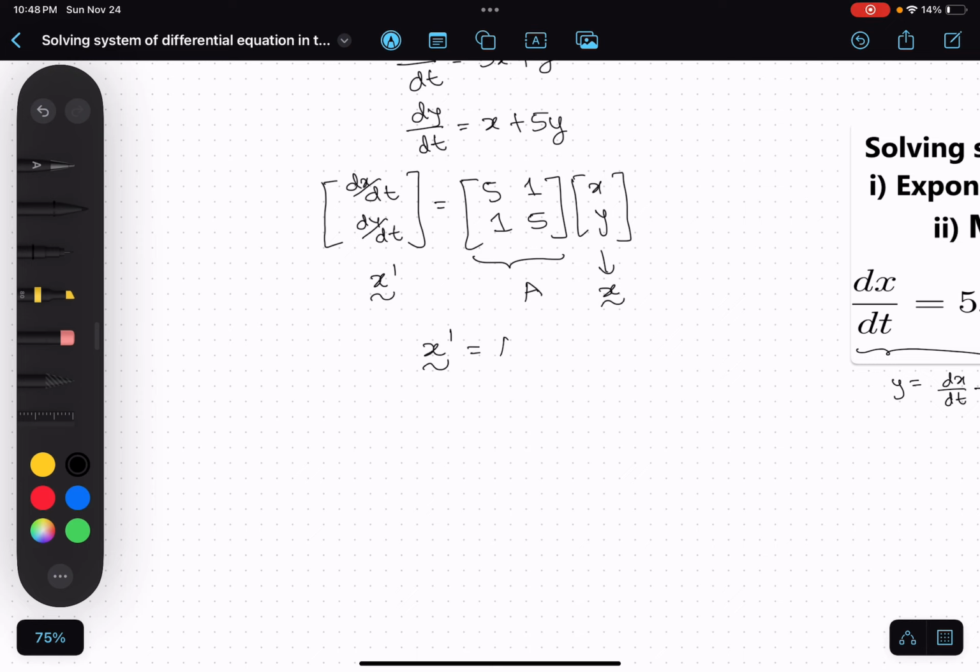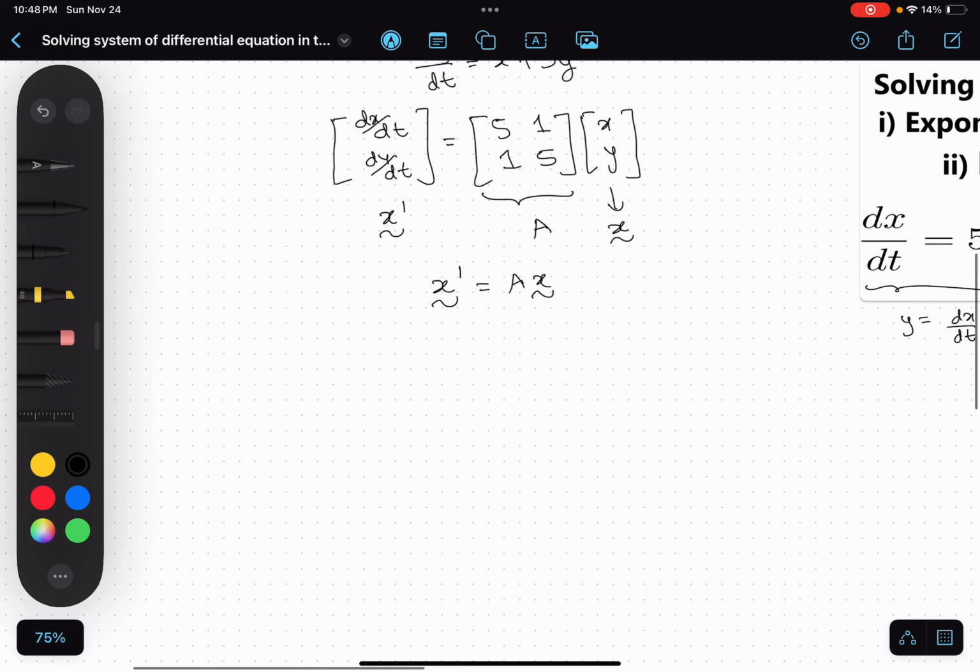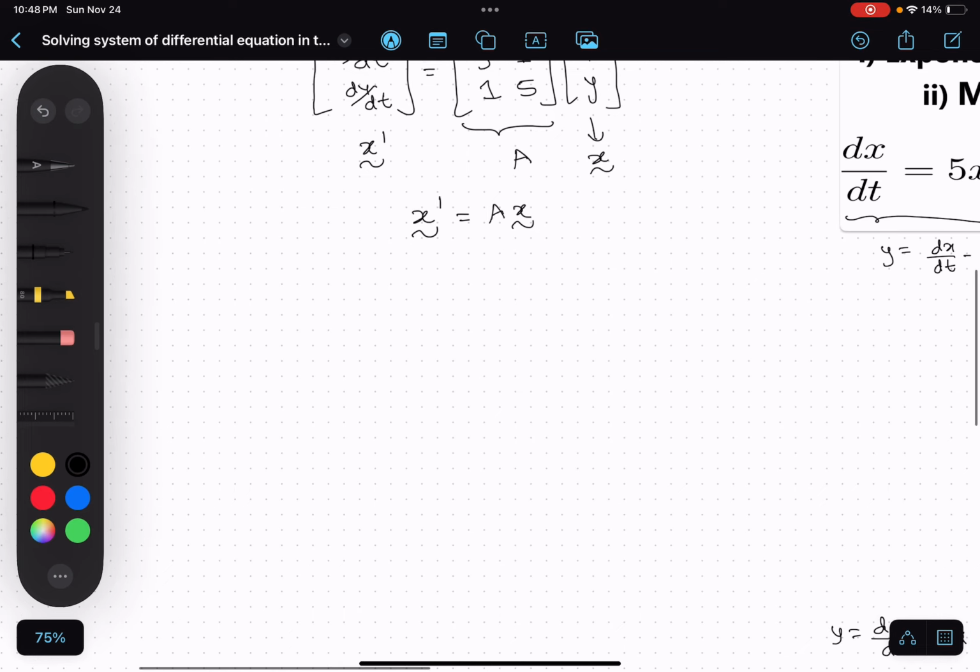I just want to make it look like normal, simple variables, even though these are actually vectors, right? To solve this differential equation, we can just look at them as normal variables, not vectors.